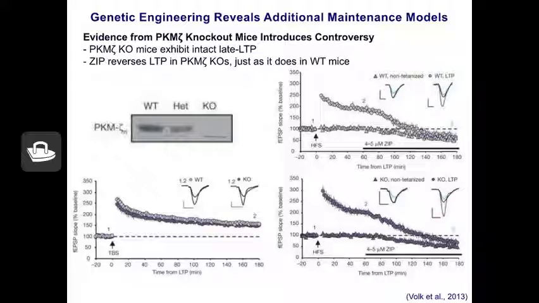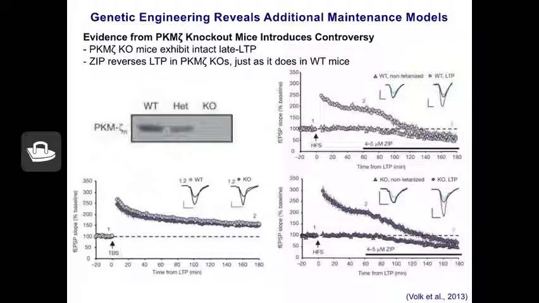But when Volk tested the mice for LTP, he got an interesting result. In the graph at the lower left, you can see the results for their LTP experiment. They administered theta burst stimulation at the beginning of the experiment in the wild-type mice, shown with the open circles, and in the knockout mice, shown with the closed circles.